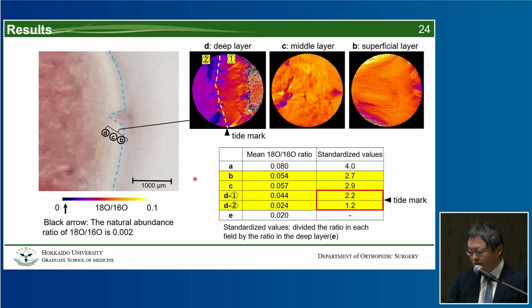And interestingly, the deep area had a significantly different isotope ratio at the border in the center part, this one. This border is histologically called the tidemark. It is known that the joint surface side of the cartilage is provided nutrition by synovial fluid up to the border of the tidemark. So it is a very reasonable result, I think.